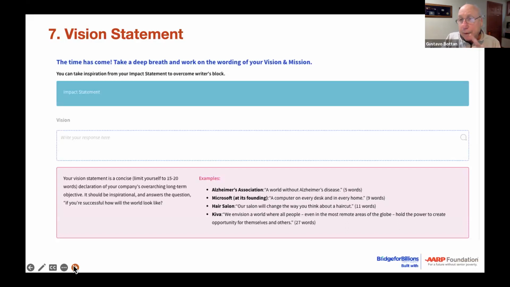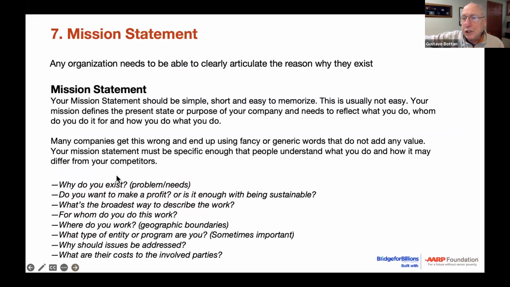And by the way, every time you use each step, remember to go to the parrot, see some examples, and go to the deep dive if you want to investigate a little bit, because you're still confused on the meaning of these terms, systems, systemic change, things like that. So now we go to the mission statement.